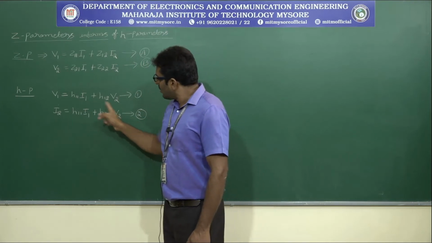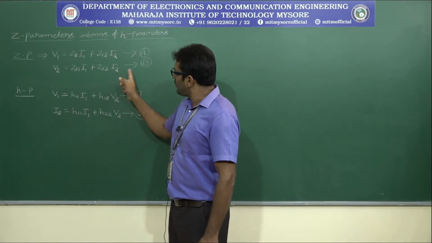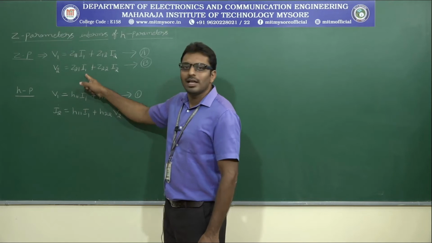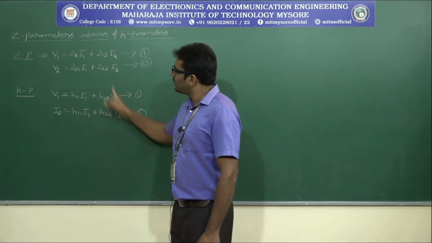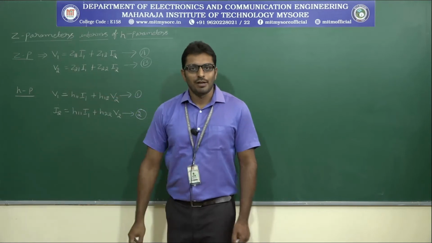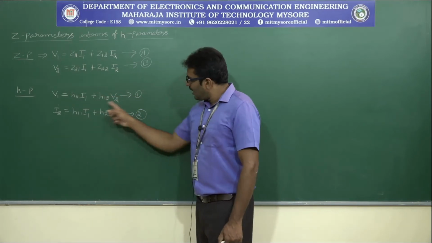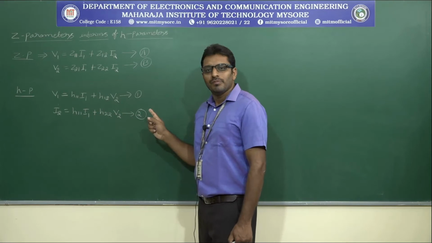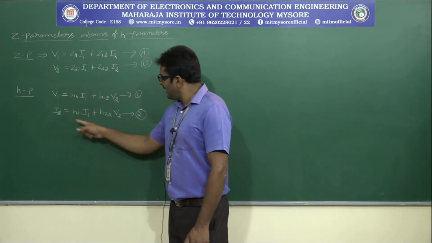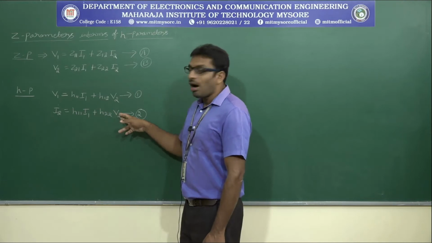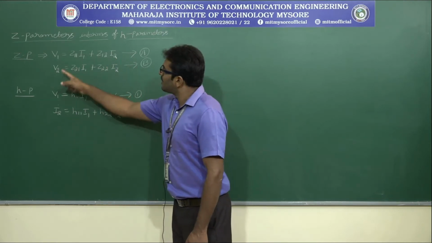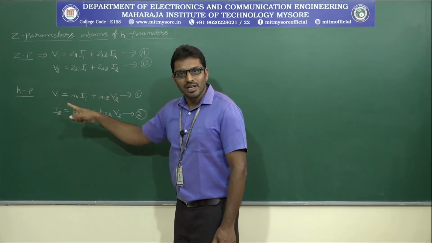Now, again cross-check these three variables with equation B. I1, yes, it is there. I2, yes, it is there. V2, yes. Therefore, we can consider equation 2, because the variables present in equation 2, I1, I2, V2, all three are present in this equation.